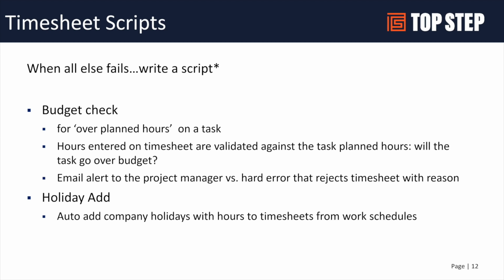So we've created a script here that allows, in the approval process, there's an initial approval user that will evaluate the hours against the task, and if it's over planned hours, it'll automatically reject the timesheet back to the user with a note, and then they have to move their hours, split their hours, resubmit it, and then it'll evaluate it.